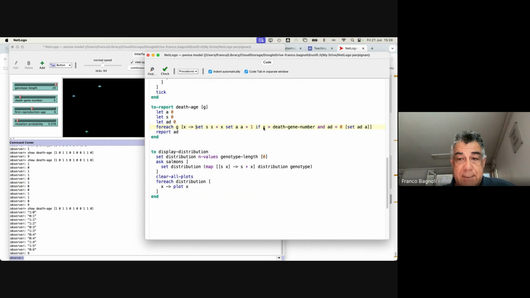If S greater than that gene number 4, and we have not yet set ad, set a plus 1. It's because it's superior and not superior equal. No, I don't think so, but let me write also S A.